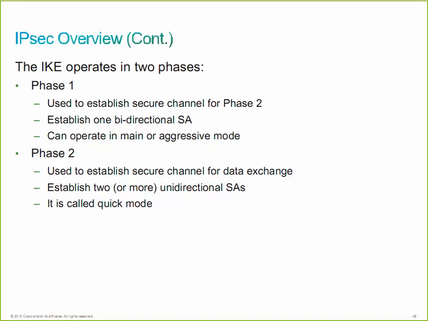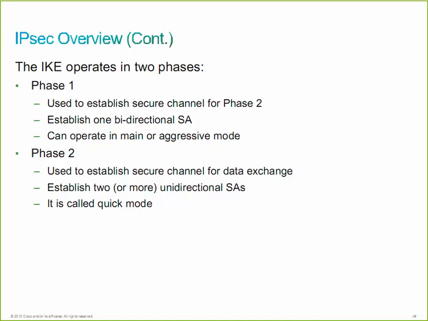The peers establish unidirectional SAs, 2 at a minimum, could be more than 2. This Phase 2 exchange is sometimes called quick mode exchange, but it is the bulk encryption phase. It's the phase that most people think about when they think of actually passing data from endpoint to endpoint using an encryption standard.